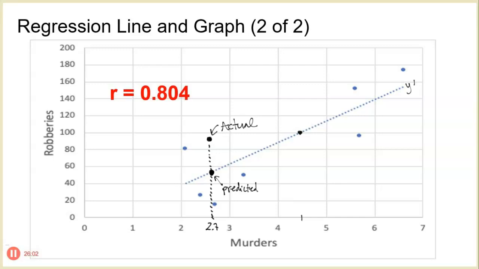And then for this point over here, let's say 5.8, this is the actual, and the line is predicting this much. That's the predicted. The difference between those is called a residual, and in this instance, the line is over-predicting.